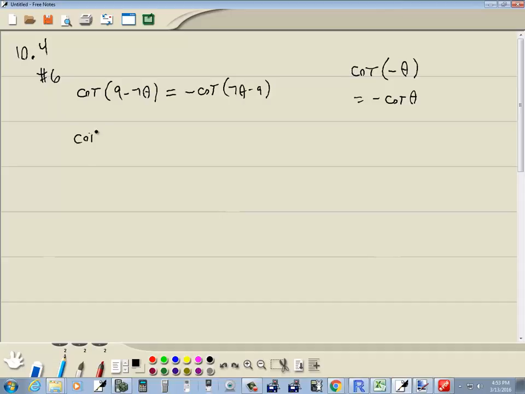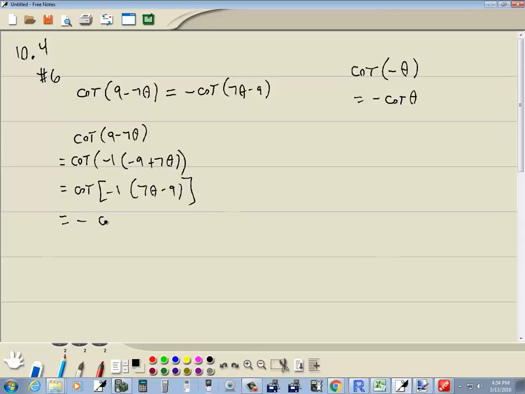So if I start with the left side, we can factor out a negative 1, and that would leave us negative 9 plus 7 theta, which then I'm going to have my negative 1, and I can flip these two around, so that's 7 theta minus 9. And by our property, we can take that negative and put it on the outside, so this becomes negative cotangent of 7 theta minus 9, which equals our other side.